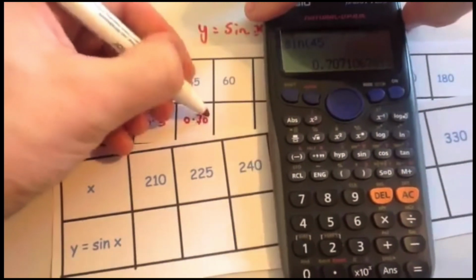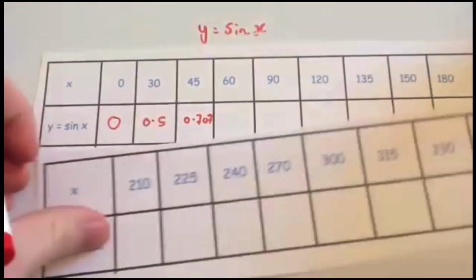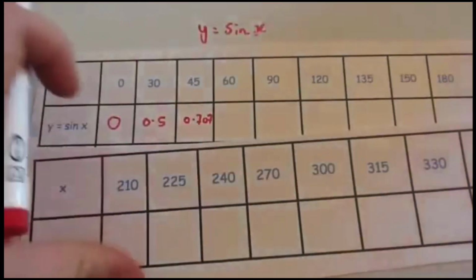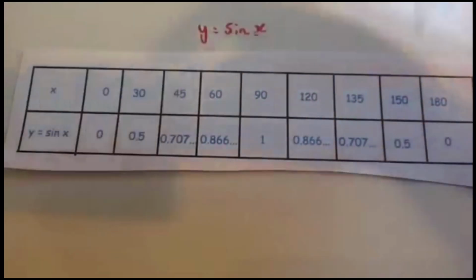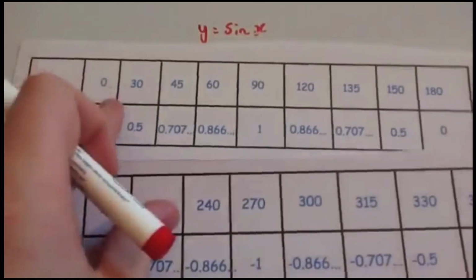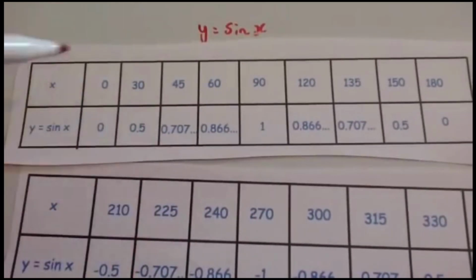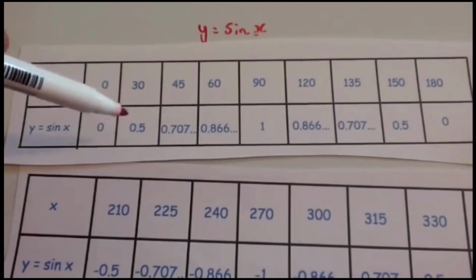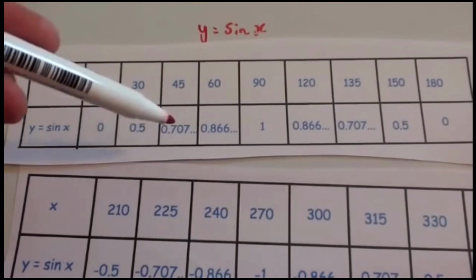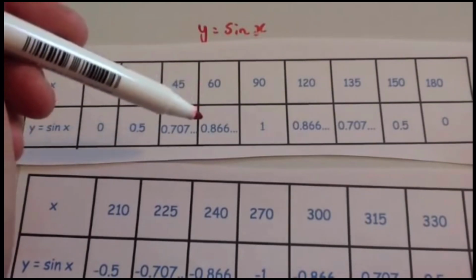So we jot down the data first. We have to complete all the values, pressing one by one. So let's say we have actually completed pressing the calculator. Now we are going to plot the graph using the data. So let me show you the data that I got.